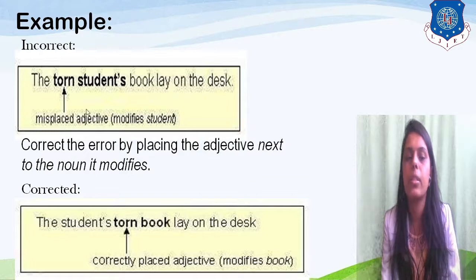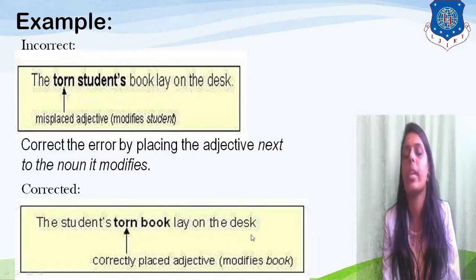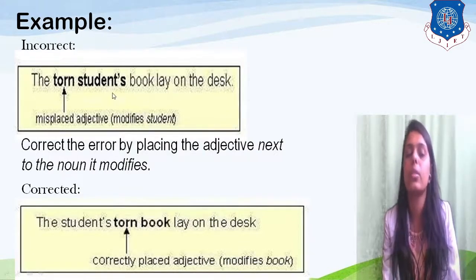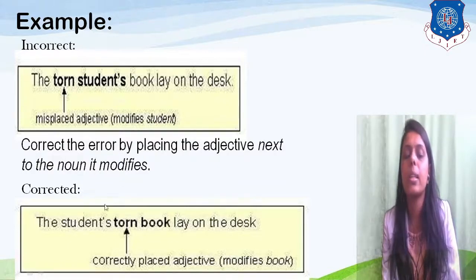An example is here: the torn student's book lay on the desk. So this is a misplaced adjective. The correct one will be: the student's torn book lay on the desk. The student is not torn, the book is torn, right? So here you can see a clear example of a misplaced adjective, right?